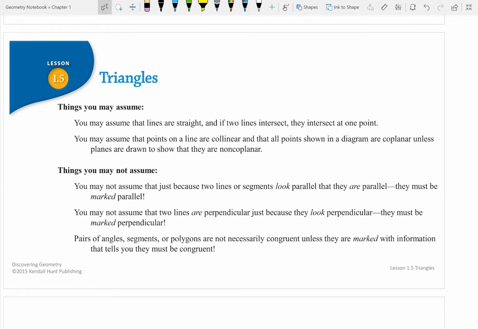You may assume that lines are straight. If 2 lines intersect, they intersect at 1 point. You may assume that points on a line are collinear and that all points shown in the diagram are coplanar, unless planes are drawn to show that they are not coplanar.